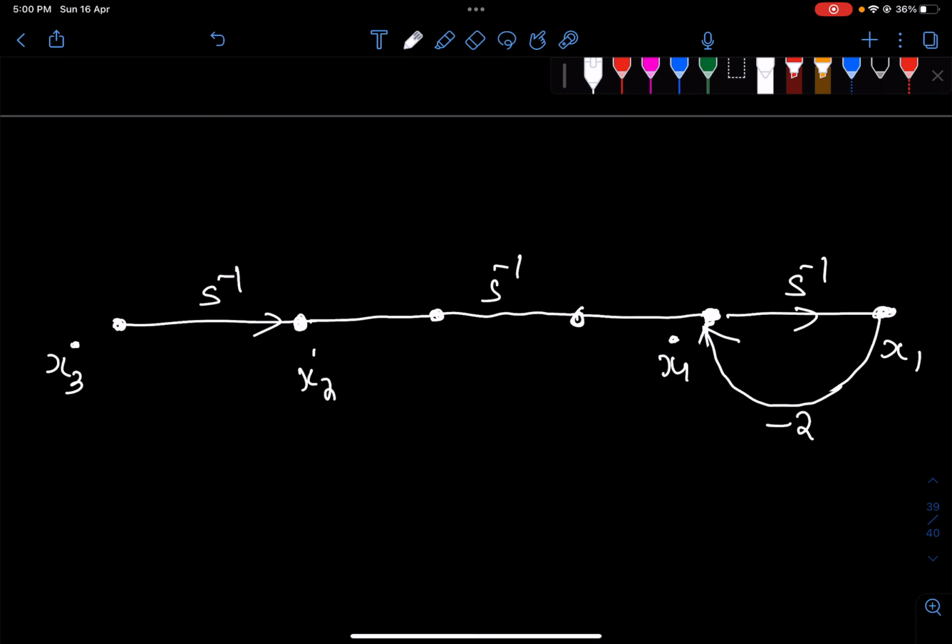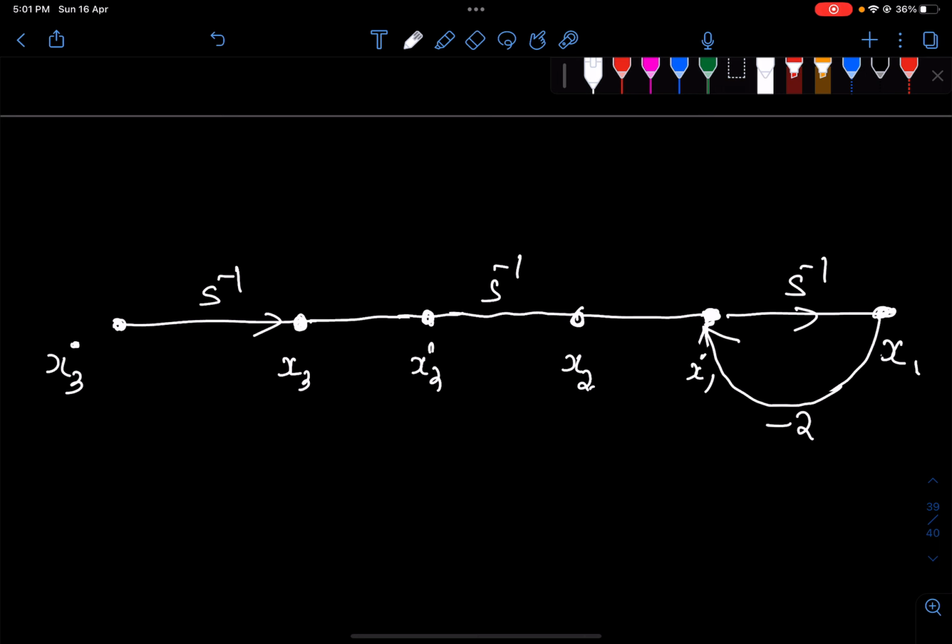So this point will be what? Your x3 only. And we will introduce a new point same as x3. That point will be your x2 dot. That integration will give us x2. And this point will be your x1 dot. That one integration will give us x1.